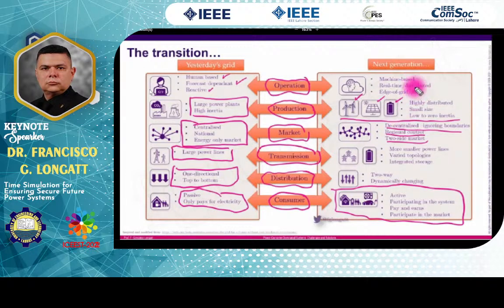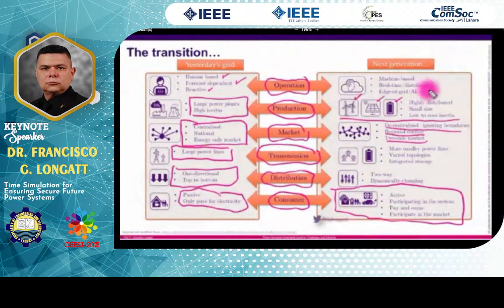For that reason, we are taking advantage of new technologies like machine learning and artificial intelligence in order to take the decision. But also we are taking advantage of very fast computational power, and as a consequence, we are moving to real-time calculation, real-time decisions using distributed computing power across all the system.